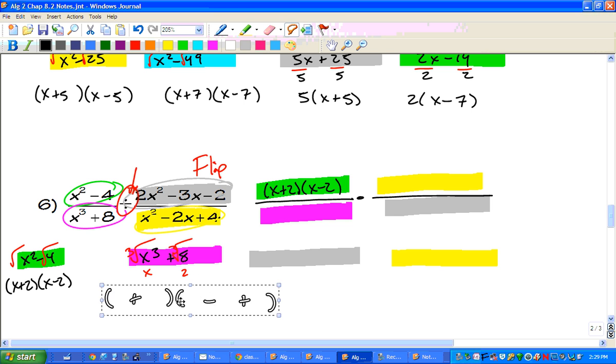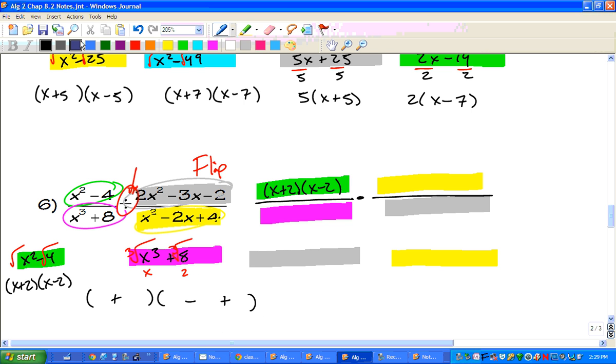Remember, it goes a, b, a squared, ab, b squared, and this is a, and that's b. A squared is x times x, ab is 2 times x, and b squared is 2 times 2. So we get x plus 2, x squared minus 2x plus 4.